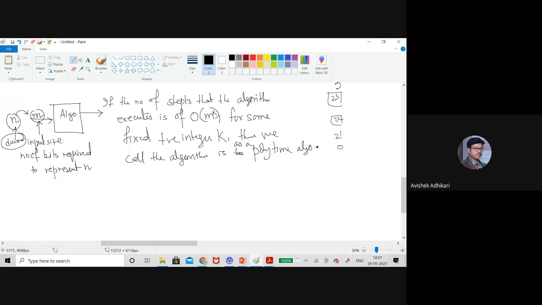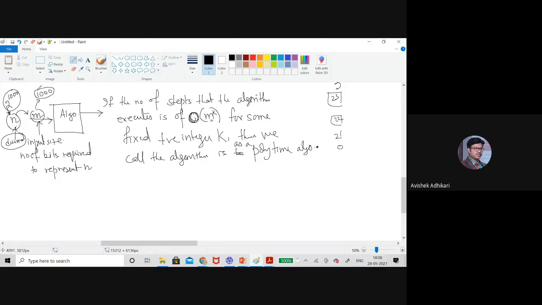See, this is order, not exact. So m is the size of the input. Input was n, it was in decimal. For example, suppose input is 2 to the power 1000. So binary representation of 2 to the power 1000 is around 1000 bits.